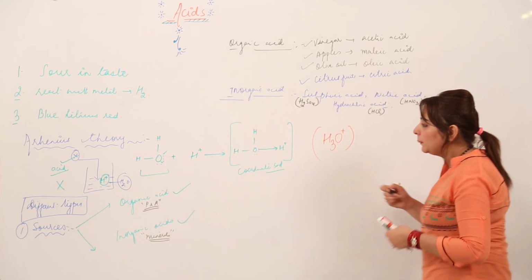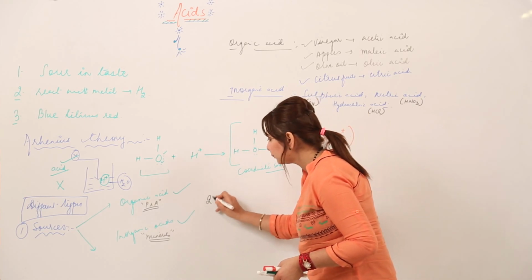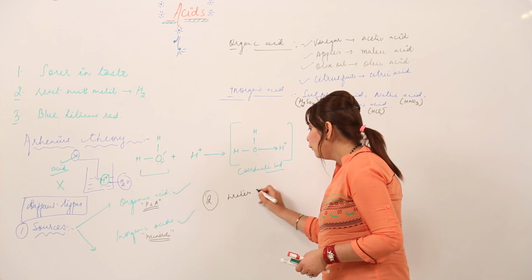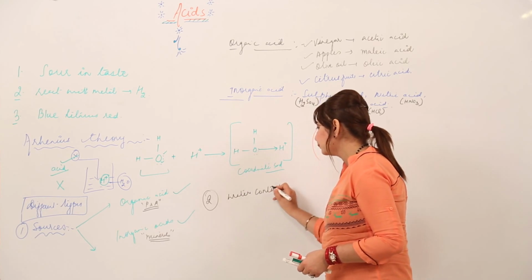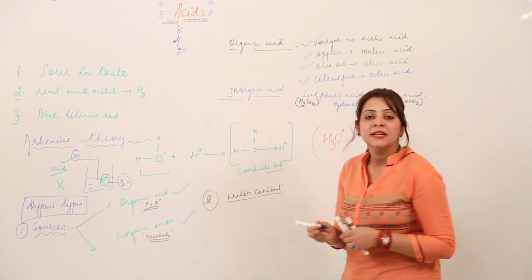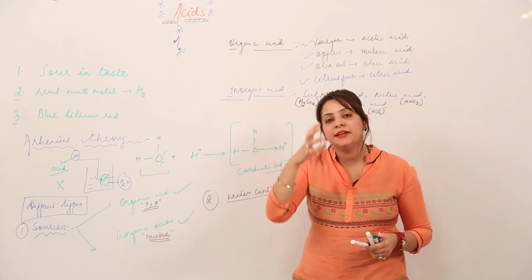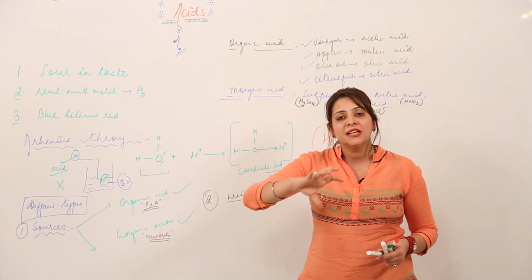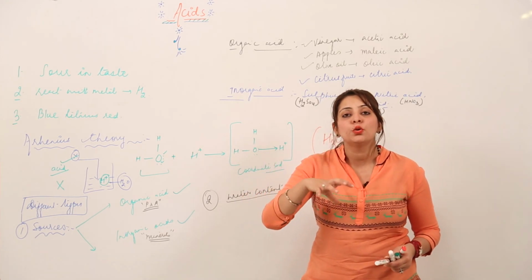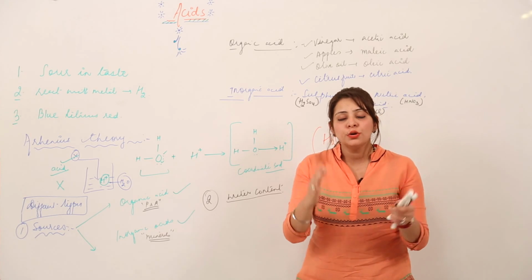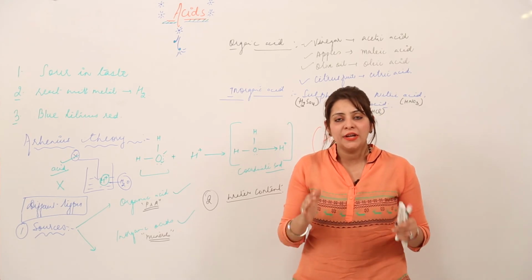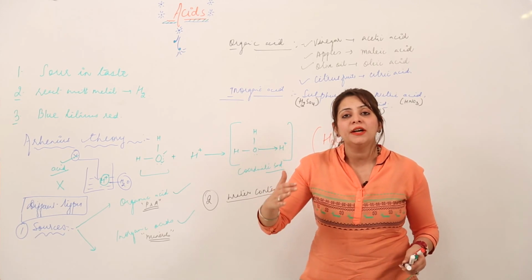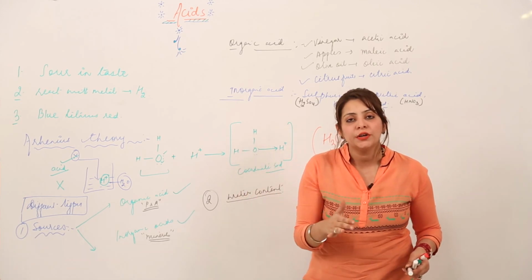So, look at the board. Now, we are classifying on the basis of the water content they have. We are classifying the acids into two categories depending upon how much water content they contain. All acids have water content, but the difference is that in some acids the water content is high and in some it is low.